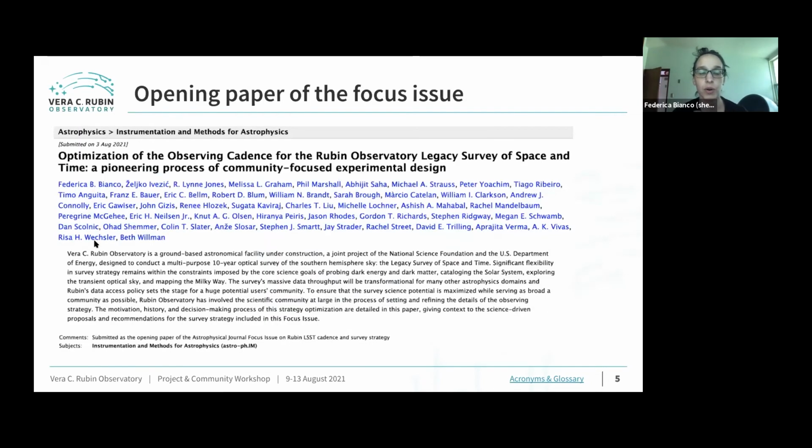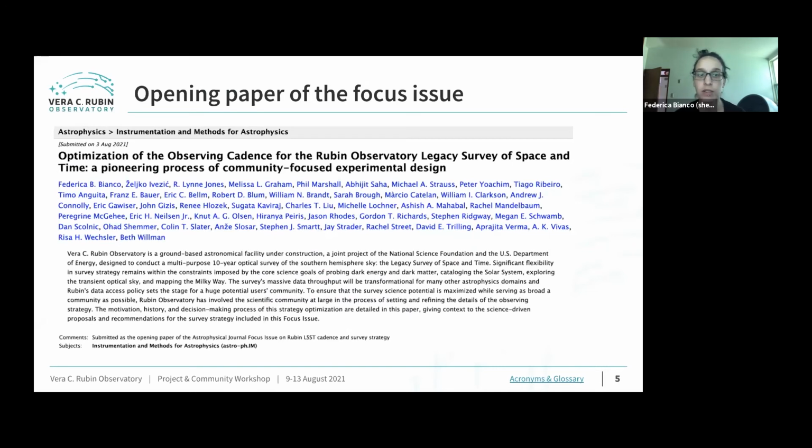Focus issues typically have an opening paper that sets the stage and contextualizes the publications within the focus issue. So we wrote the opening paper for this focus issue. It's been submitted to the ApJS, and it was posted on arXiv just a couple of weeks ago.